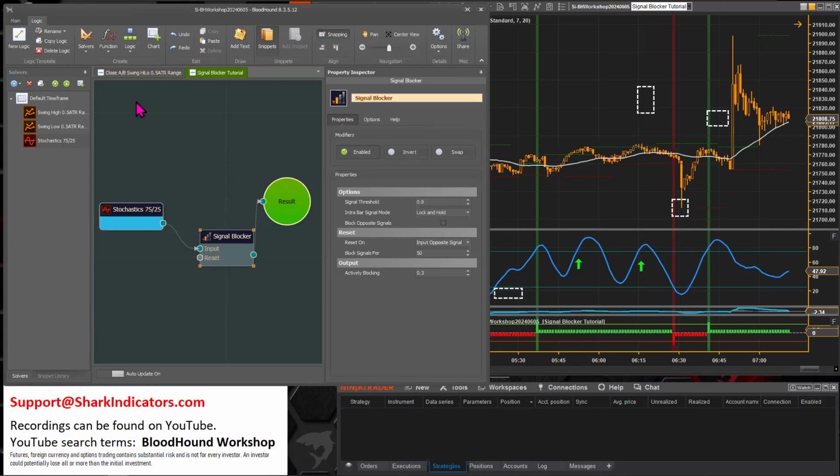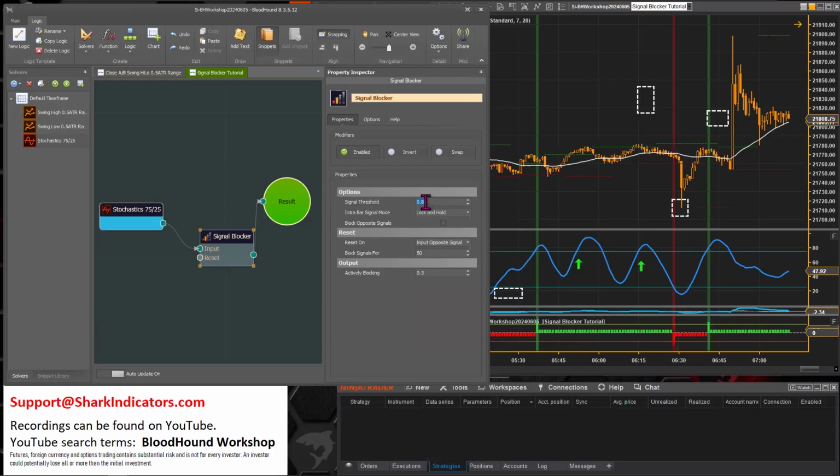So the solvers nowadays are defaulted to remove that fuzzy logic calculation. But BloodHound is still built on top of fuzzy logic calculations, so that's why we still have this signal threshold.